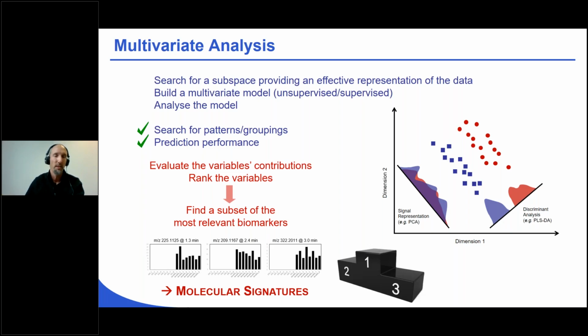And of course, depending on the aim of the model, you can end up, as you can see on the right side of this slide, with different points of view on your data that will extract different kinds of information from the variables.